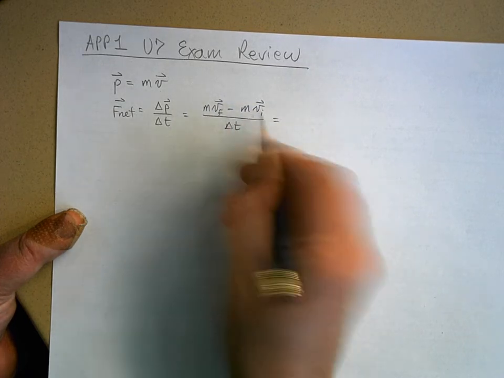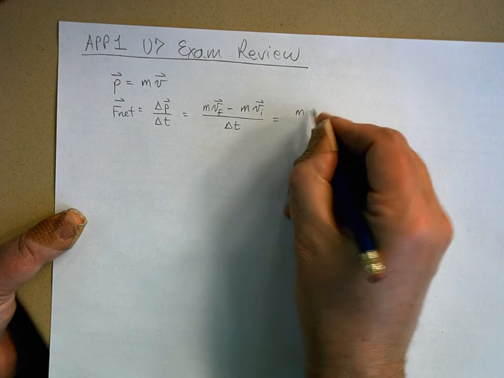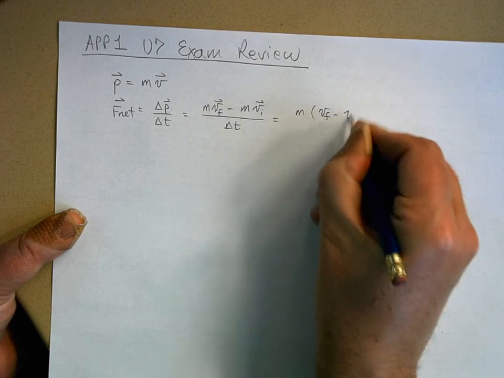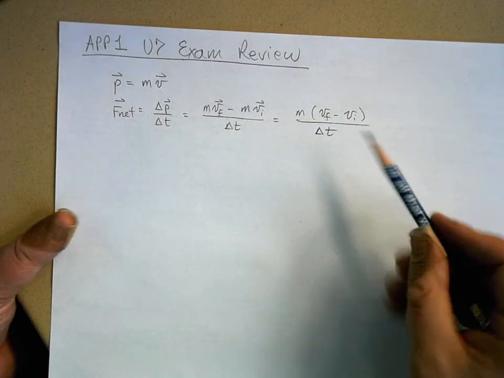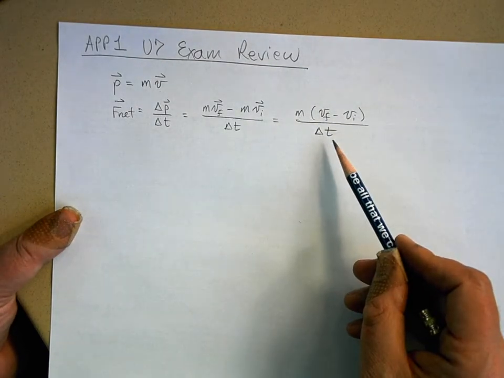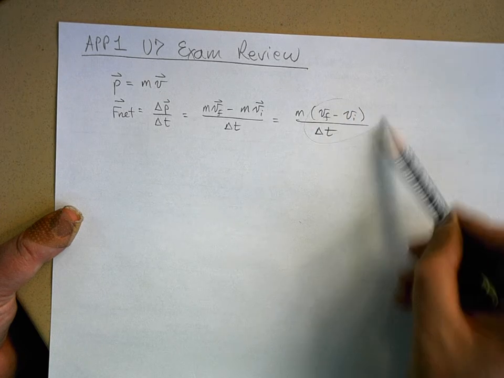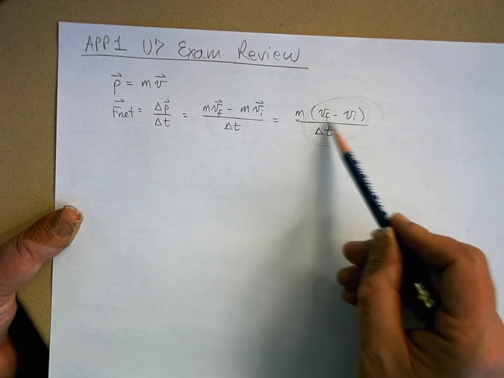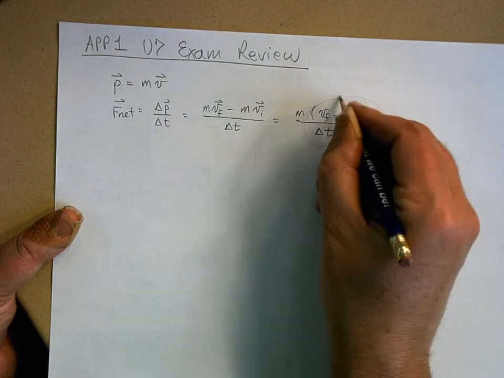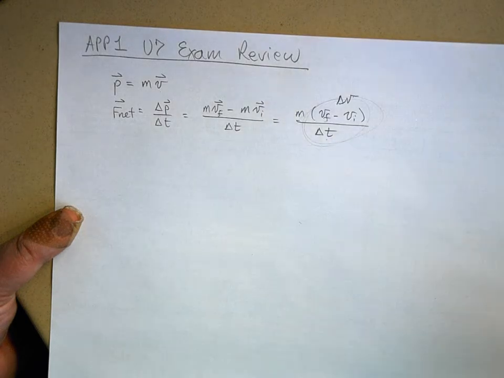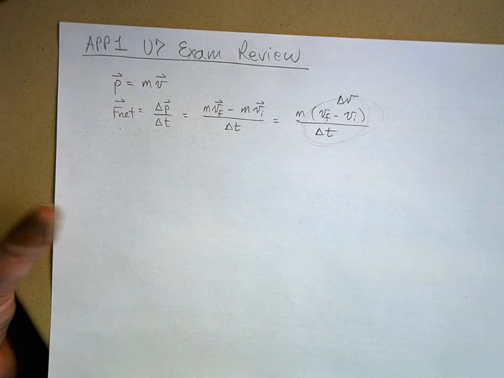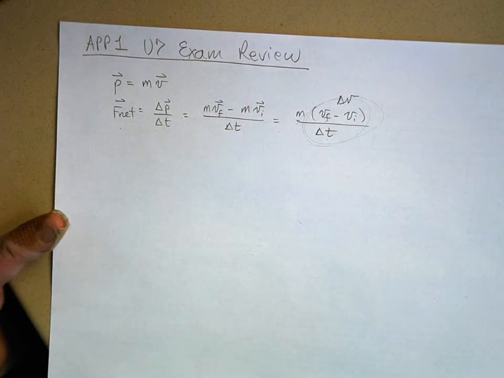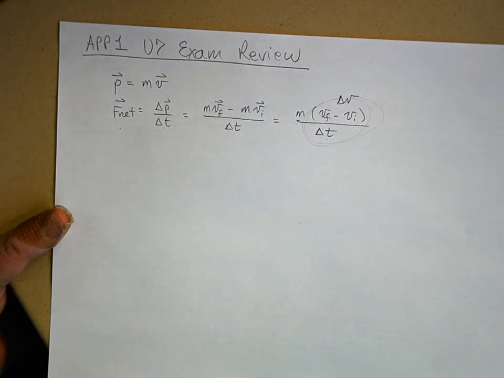And so you just factor out the mass, and you get v final minus v initial over delta t. And here's where you get, well, what is this? V final minus v initial, that's delta v. You have delta v over delta t, that's acceleration. And this is where we get F equals m times a. But now it's expressed in terms of momentum instead of velocity and acceleration.